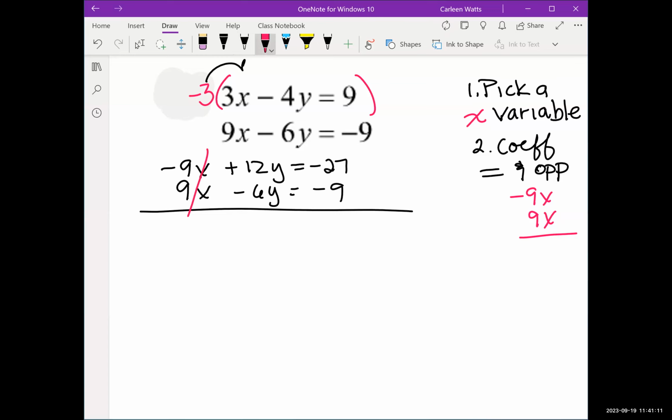Pow, gone. Yay, I only have one equation and one variable. 12y minus 6y is 6y. -27 and -9 is -36.